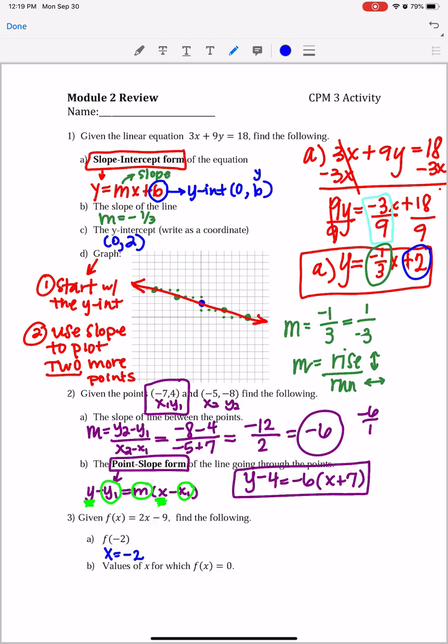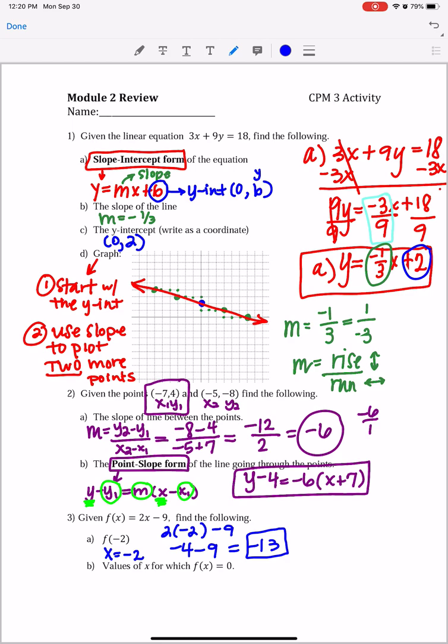So that means we have 2 times -2 minus 9. 2 times -2 is -4. -4 minus 9 is -13. Okay, so that's your answer for A.